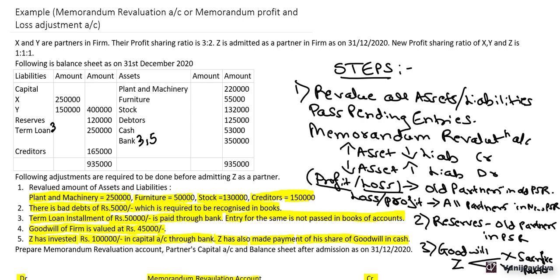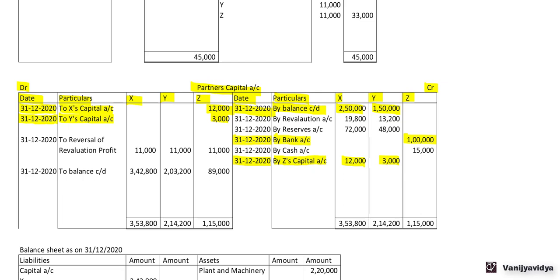So now in cash, I will just mark it as 5 because there is a change in the balance of the cash, and for preparing a new balance sheet, I need to make some adjustment here. The second effect will go to the partner's capital account, that is Z's capital account on the credit side. So Z's capital account on the credit side, 31st December 2020, by cash account 15,000.